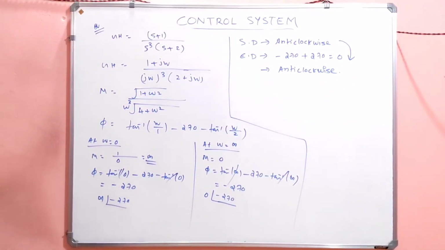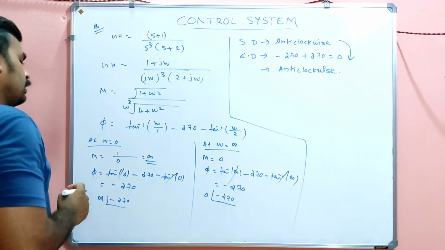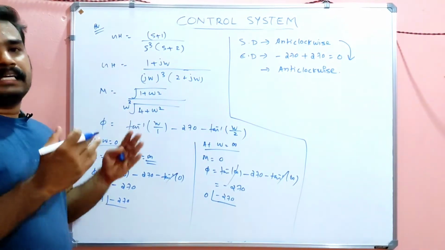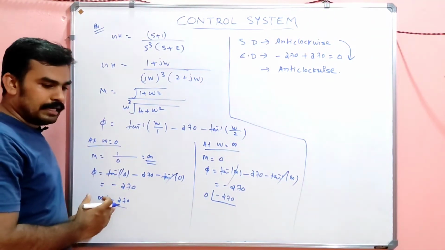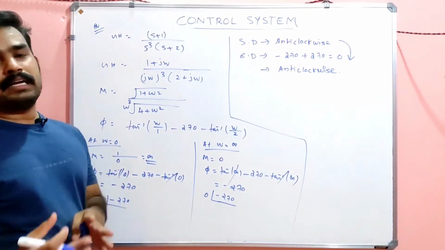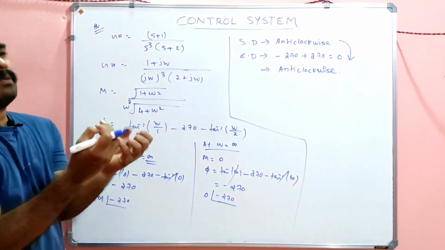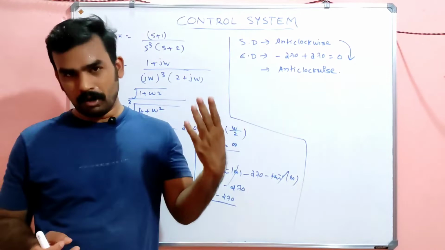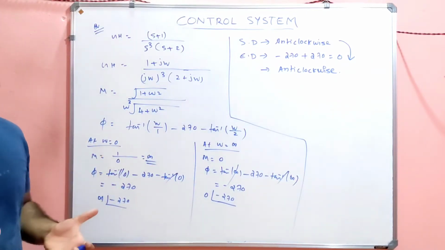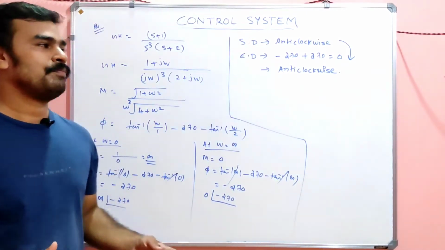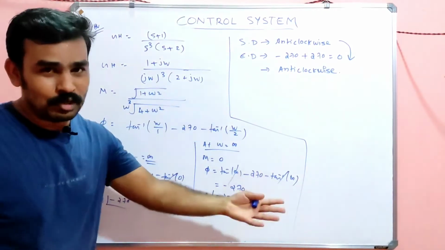So when you calculate the angle at omega equal to 0 minus the angle at omega equal to infinity, if it gives a positive value, the ending direction will be clockwise; if it gives a negative value, the ending direction will be anti-clockwise.